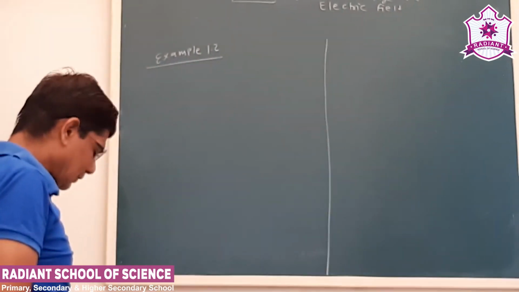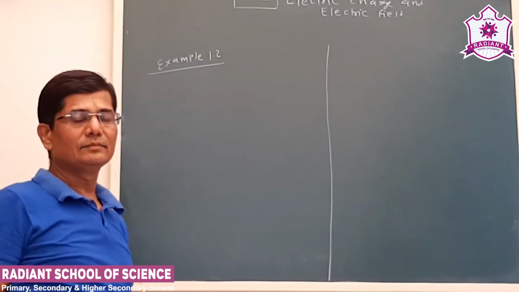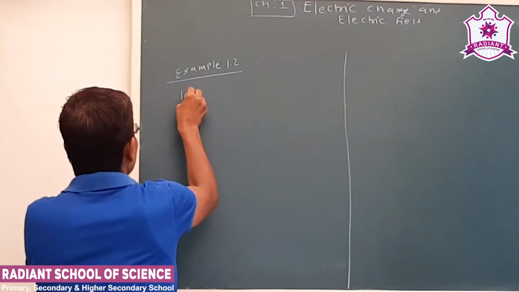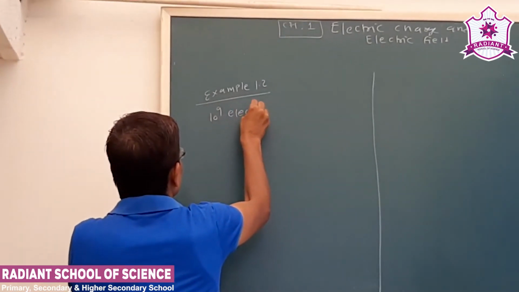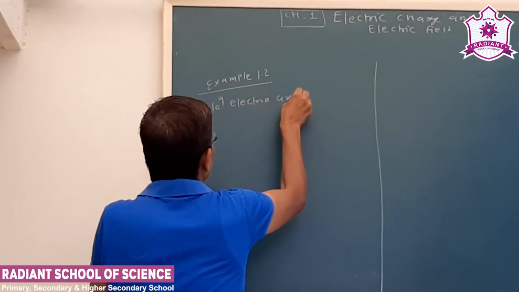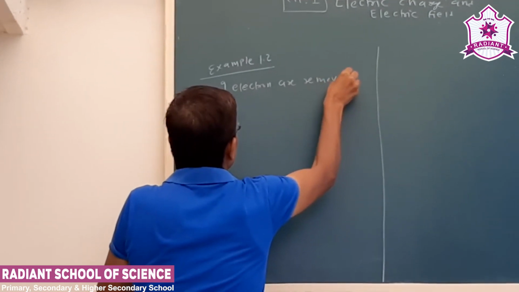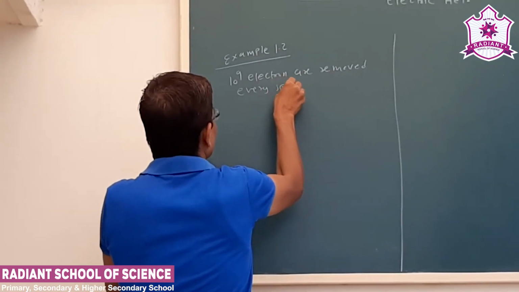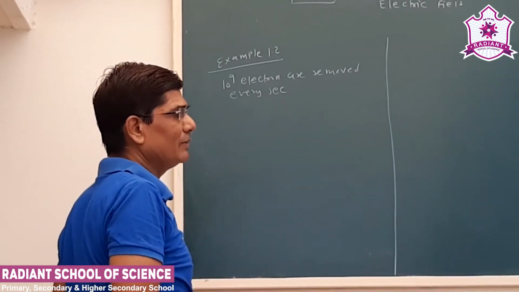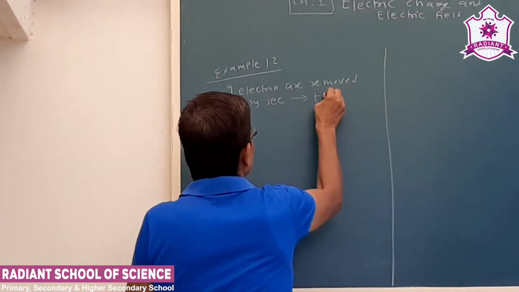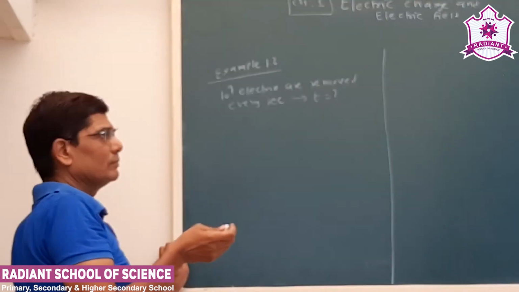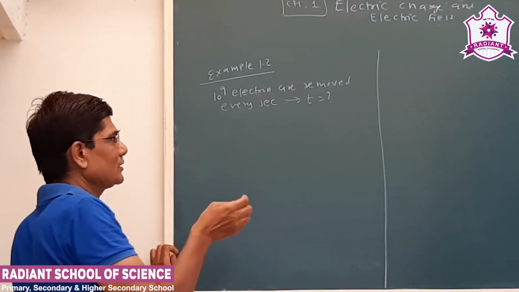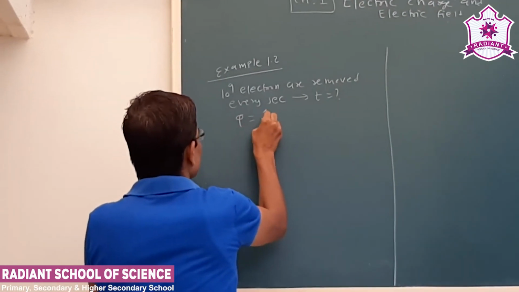The question says that if 10 to the 9 electrons are removed every second, how much time will it take to accumulate a charge equal to 1 coulomb.